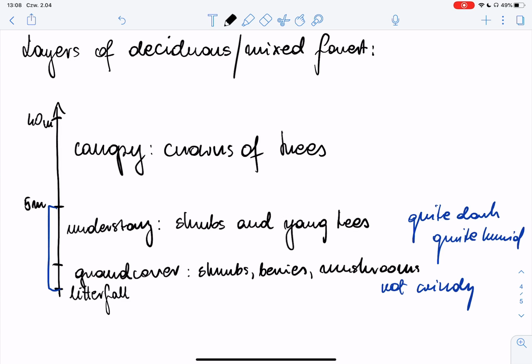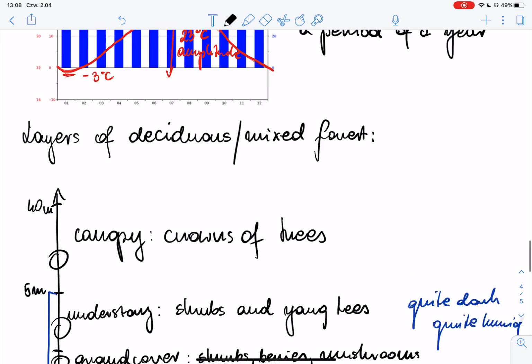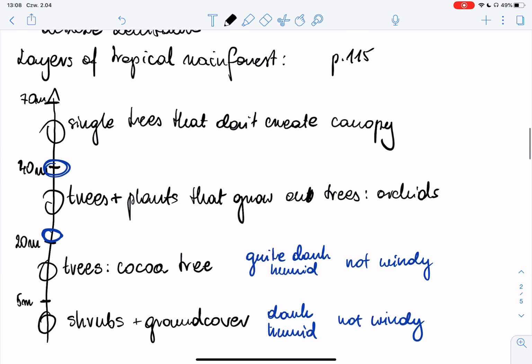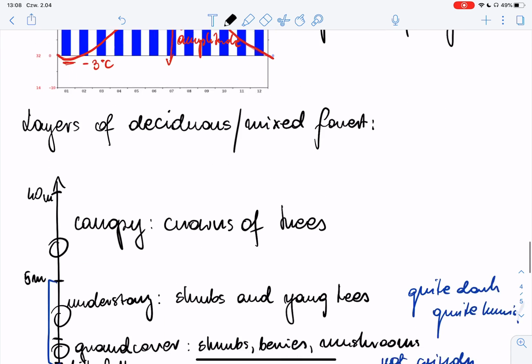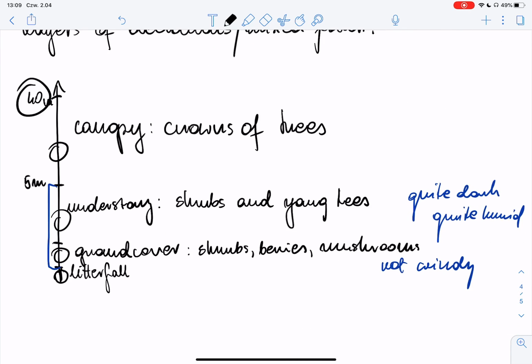And now let's compare them. Here we can see that it has one, two, three, four layers as well. So the mixed or deciduous forest of the temperate zone has four layers, just as the tropical rainforest. But guys, the tropical rainforest stretches up to 70 meters above the ground, whilst the temperate zone forest is a little bit shorter.